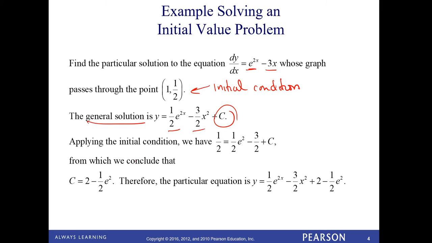Applying the initial condition, substituting 1/2 for y and 1 for x, I can then solve for c. C is this expression, and if I tack that on to the end of my general solution, I get my particular solution. Okay, so general solutions and particular solutions of differential equations.